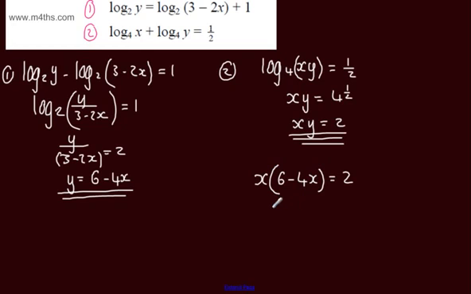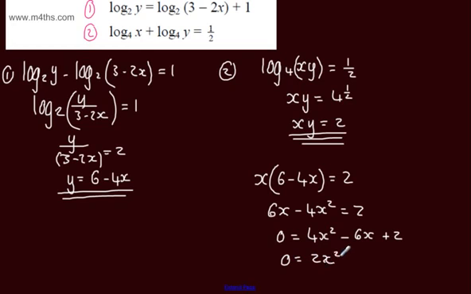It's entirely up to you. So 6x minus 4x squared is equal to 2. So we would have now 0 is equal to 4x squared minus 6x plus 2. So dividing through by 2, we'd have 2x squared minus 3x, and then we'd have plus 1.